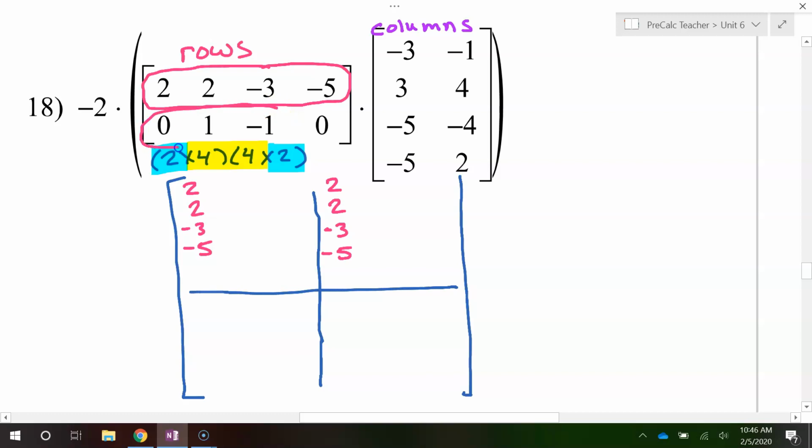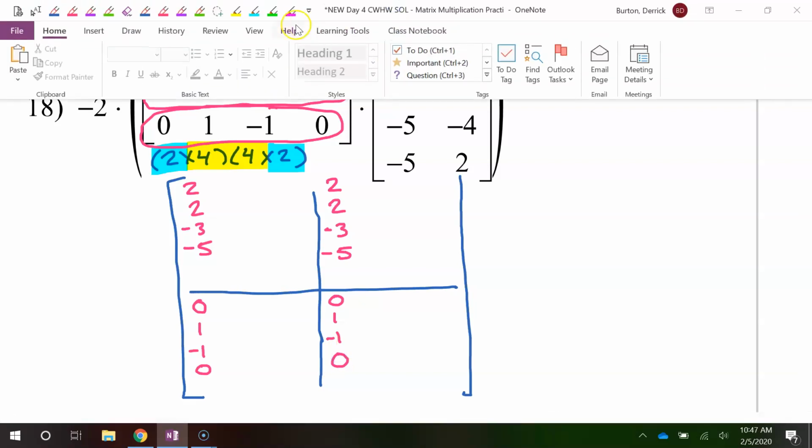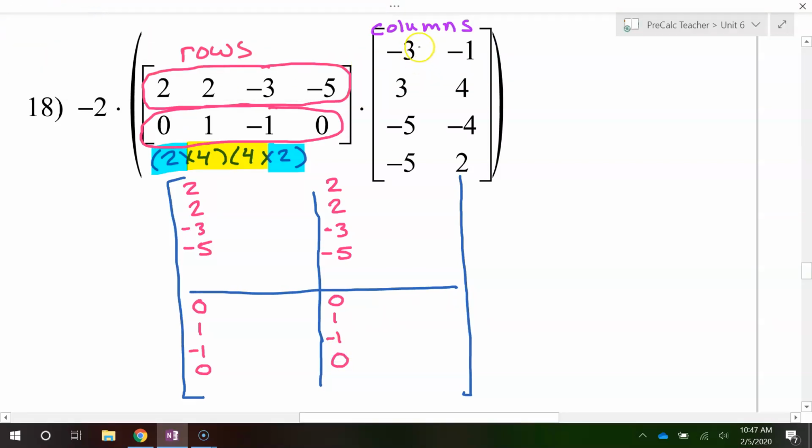Row 2 goes across row 2. Now we will take the columns from the second matrix.